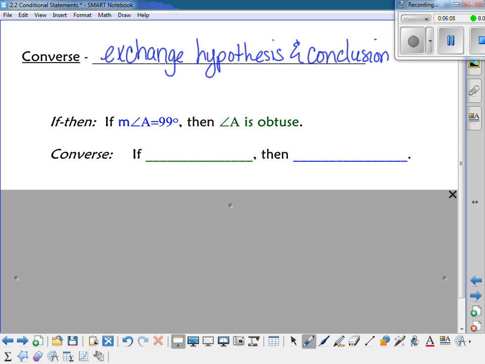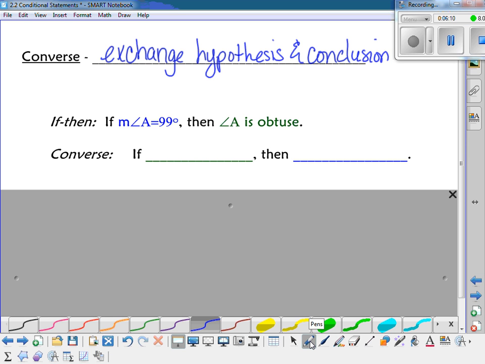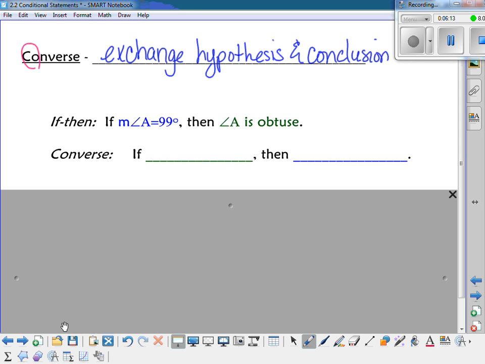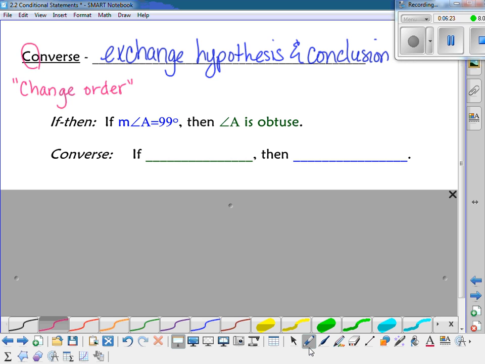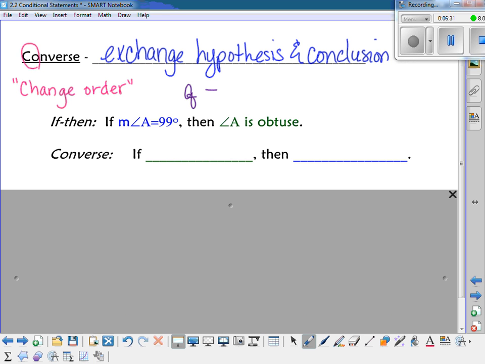Okay, so one way that you can remember that is if you look at the letters at the start here, CO, and think of that as meaning change order. So we started with if P then Q, so the converse is going to be if Q then P.